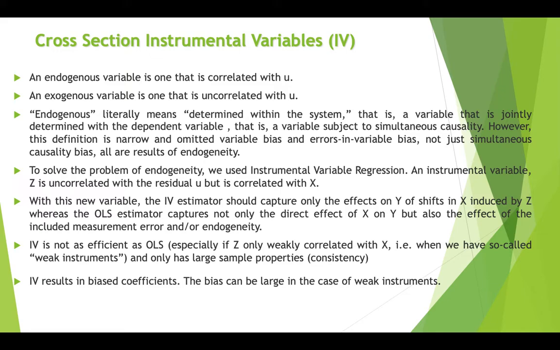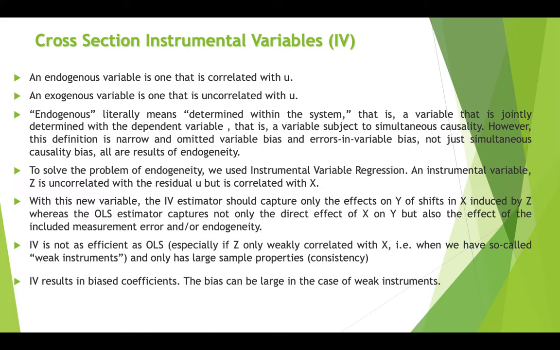So, the OLS estimator captures much more. It is the direct effect of X on Y, but here we are taking a partial effect of X on Y. Therefore, IV is not as efficient as OLS, and if Z is weakly correlated with X, then we have weak instruments and the problem becomes more serious.